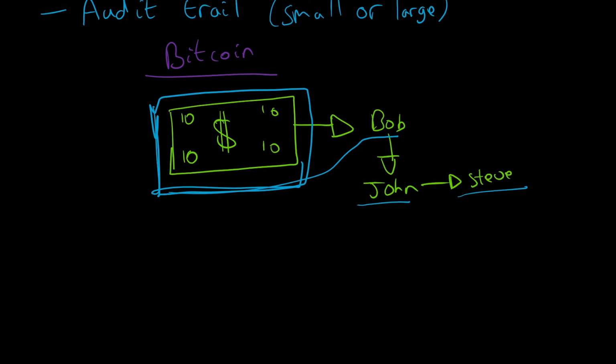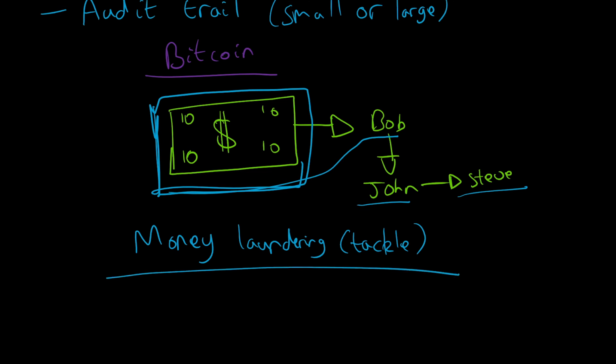So it's great to tackle money laundering. A lot of people will look at cryptocurrencies, and obviously Bitcoin being the biggest one as of recording this video, and point to illicit behaviors and say, oh, it essentially facilitates those illicit behaviors.